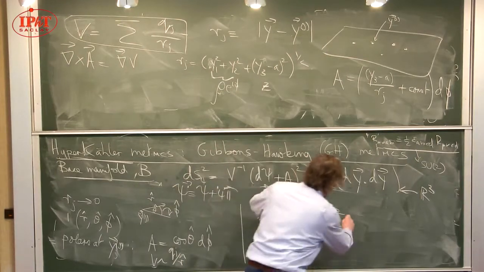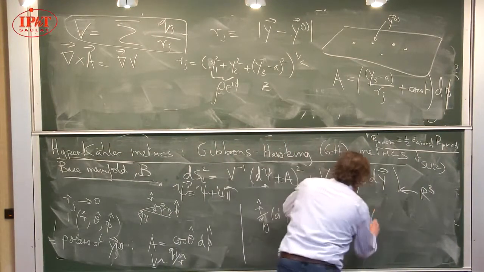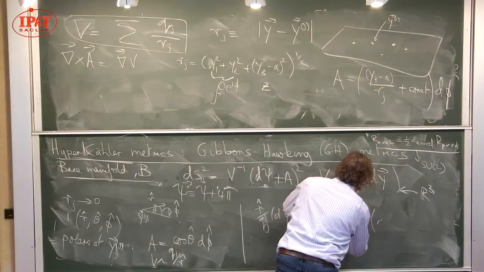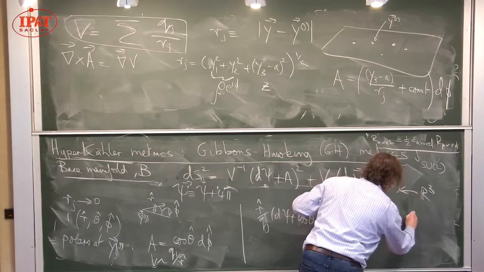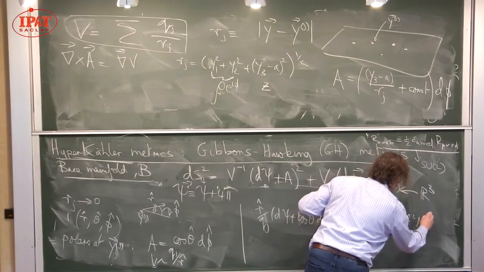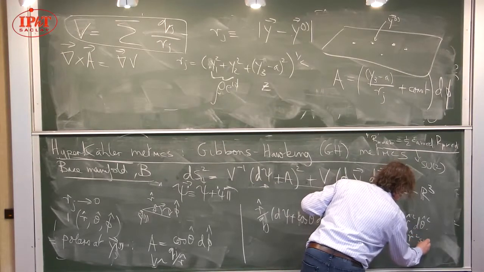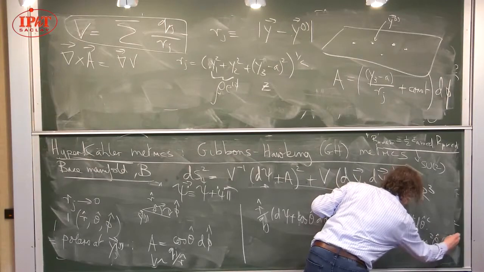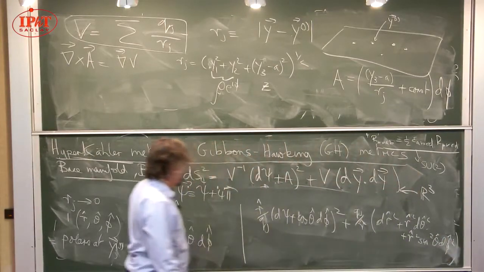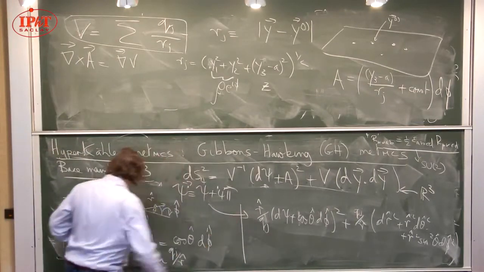And now here you get plus 1 over r hat. And now we'll write the flat metric in the polar coordinates: qj d r hat squared plus r hat squared d theta hat squared plus r hat squared sine squared theta hat d phi hat squared. Okay, so this is what the metric becomes as you approach this point.